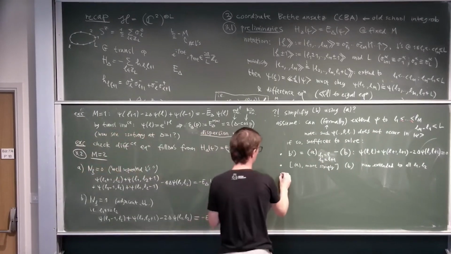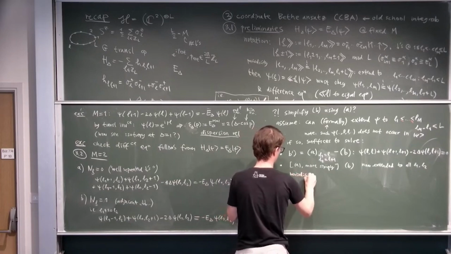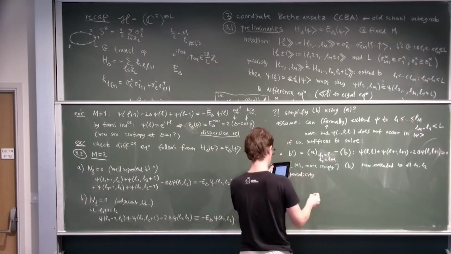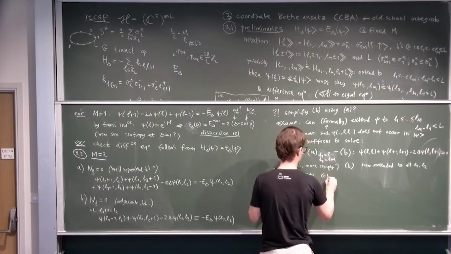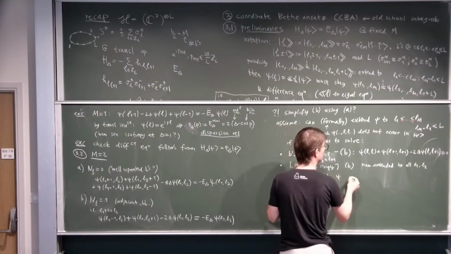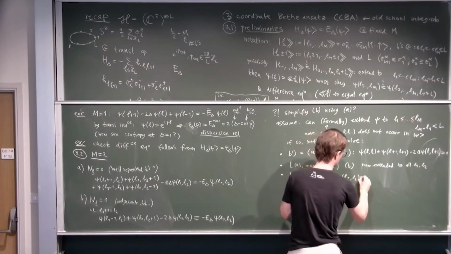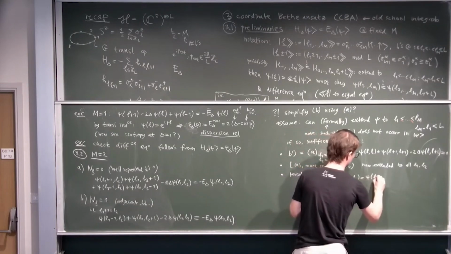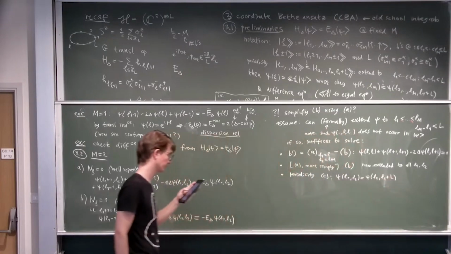And then finally we have our periodicity, which I guess I can call C. Let me just repeat it. It was the case that this wave function psi of L1, L2 should be the same as psi of L2, comma L1 plus the length change.